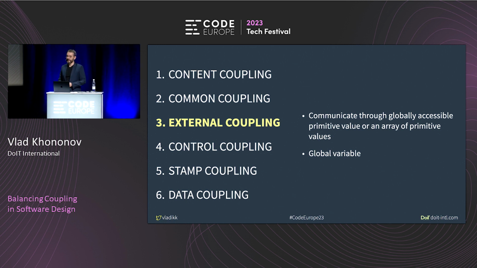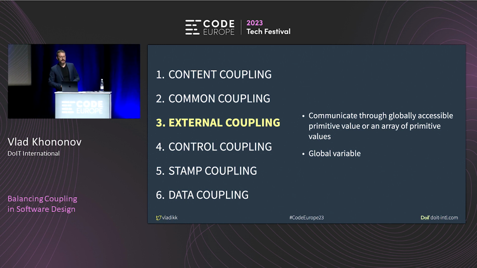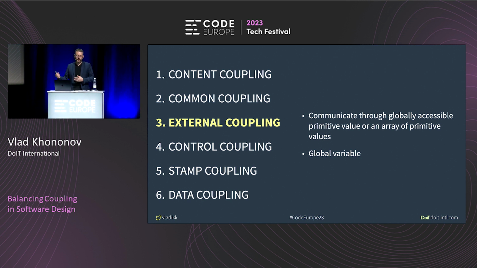A slightly lighter level is external coupling. Here, instead of focusing on an unstructured memory space, the modules are sharing a global variable. That variable may be a primitive or an array of primitives, but it's still shared memory. But again, at least here, the interface is more documented and a bit more explicit.